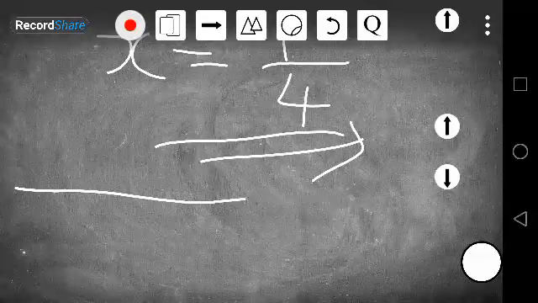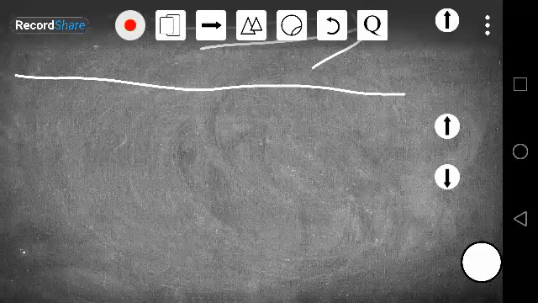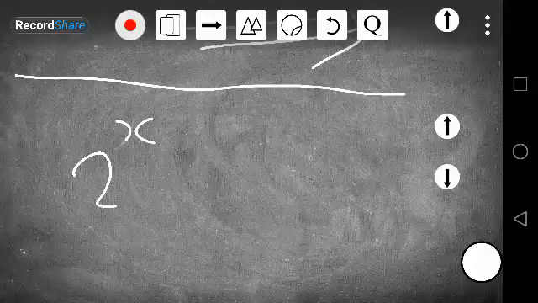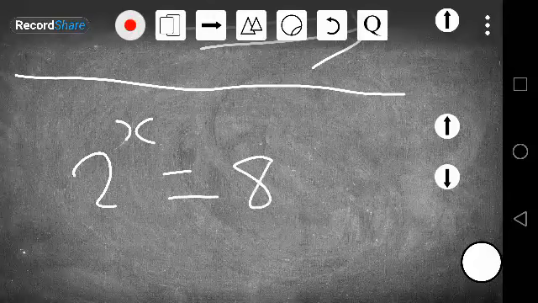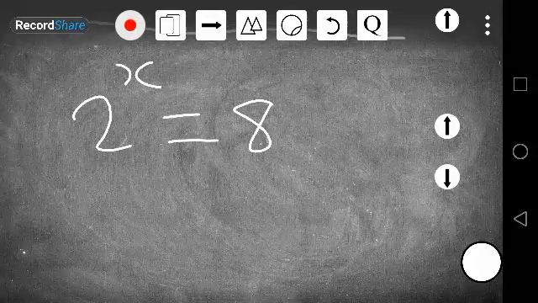Then we move on to the type of equation where the unknown is in the power: 2 to the power x is equal to 8. What you do is you express what is on the left in terms of what is on the right, or what is on the right in terms of what is on the left.